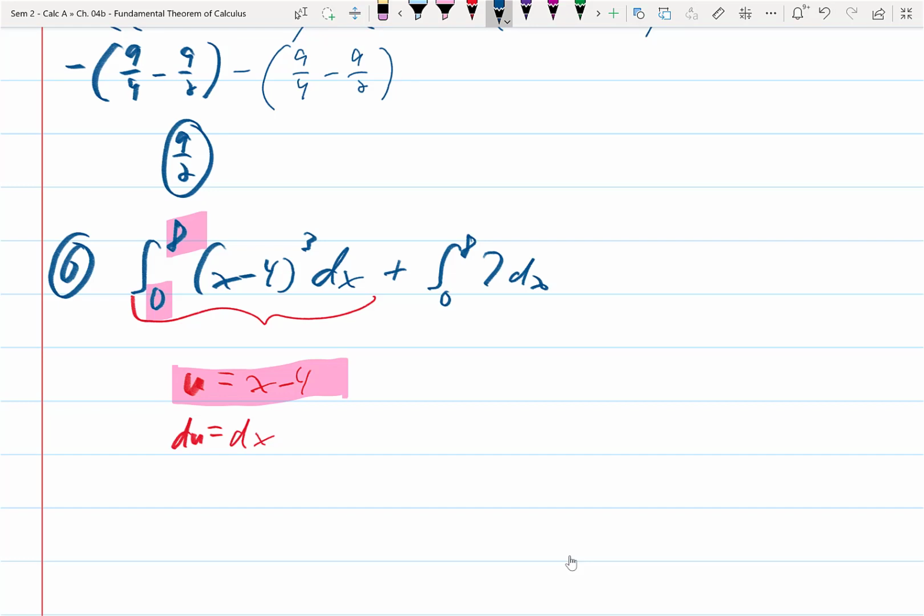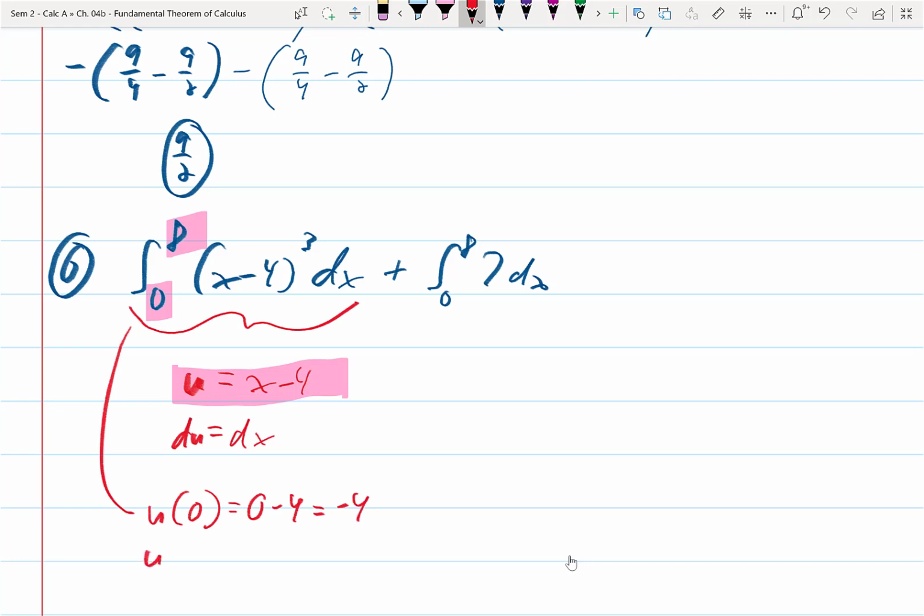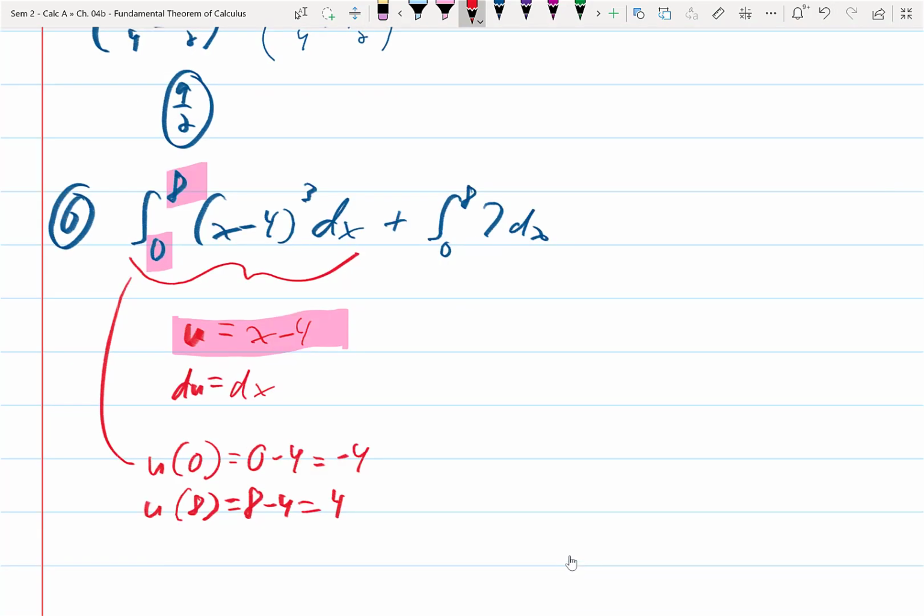You substitute your limits by taking your limits and plugging them into the function for u. You take your limits of 0 and 8 and you plug them in. In fact, I want to show this just this once: u of 0 is equal to 0 minus 4, or negative 4, and u of 8 is equal to 8 minus 4, or 4.